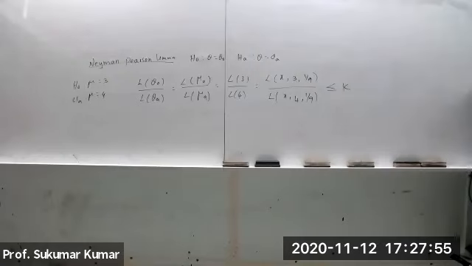For the rejection region, your ratio is less than or equal to K. That is inside the critical region C.